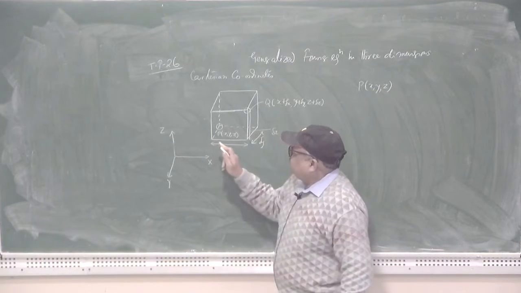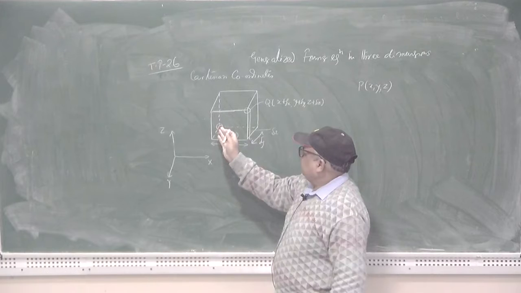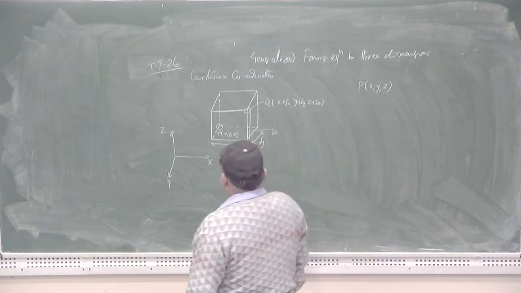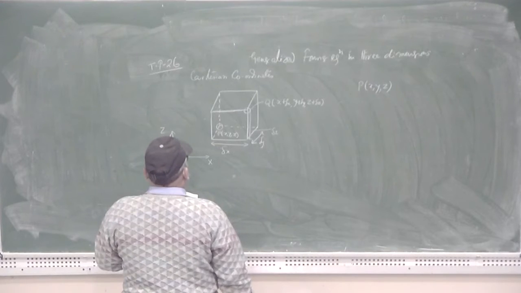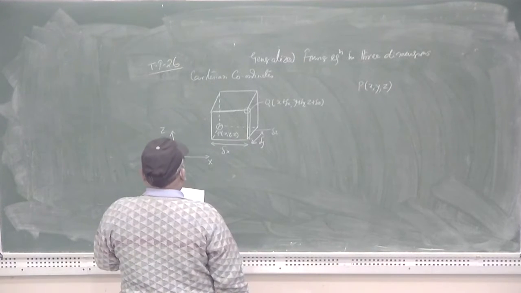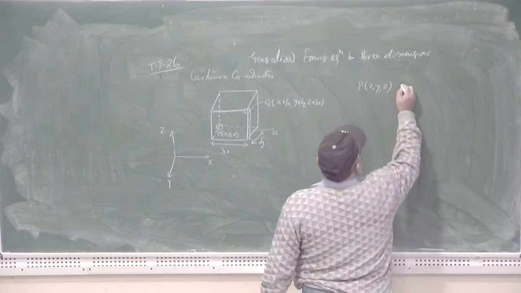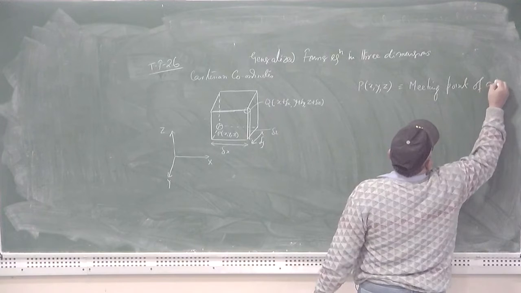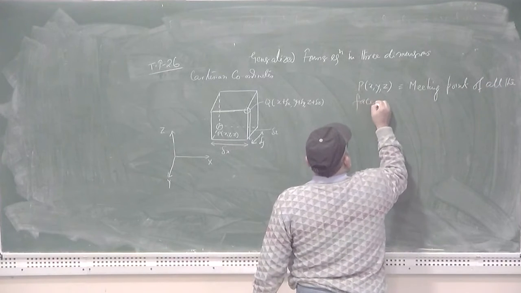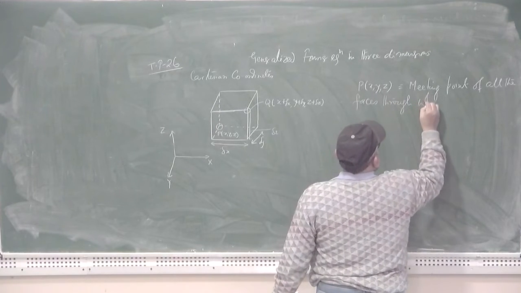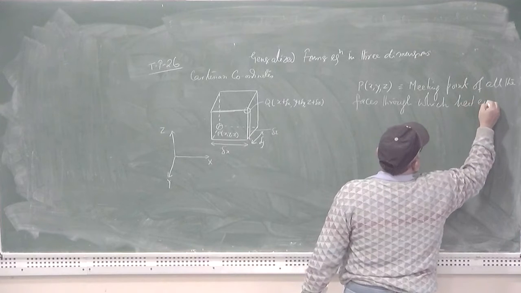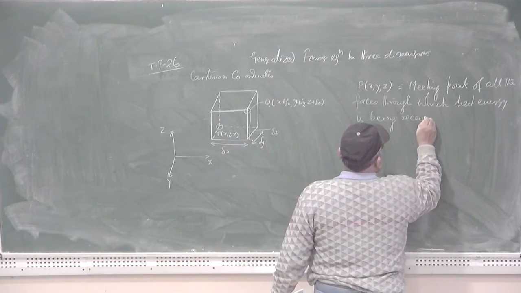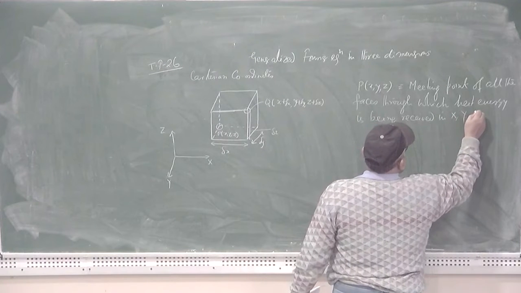The point x, y, z is the meeting point of three faces, this face and this face, through which heat energy is being received in the x, y, and z directions.